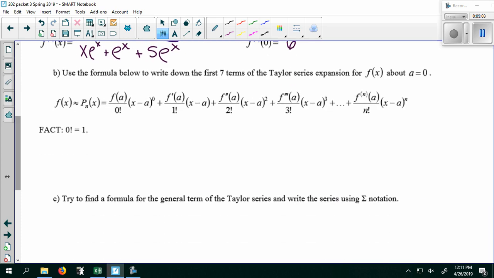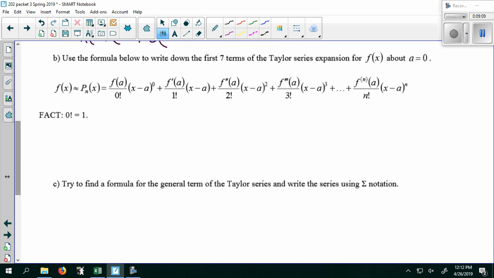And now I'm going to plug all that stuff into my formula for the Taylor series. So f of a, that's f of 0, so that's 0 over 0 factorial, times x minus a is 0 in this case, so this is x to the 0. F prime of 0 is 1 times x to the first. F double prime was 2 times x squared.